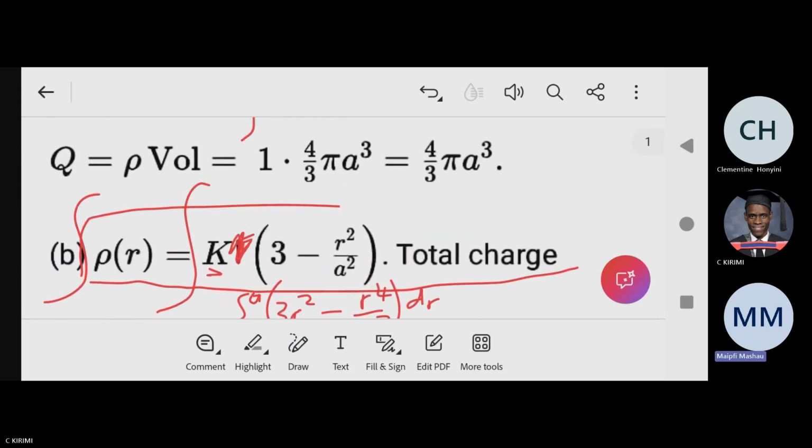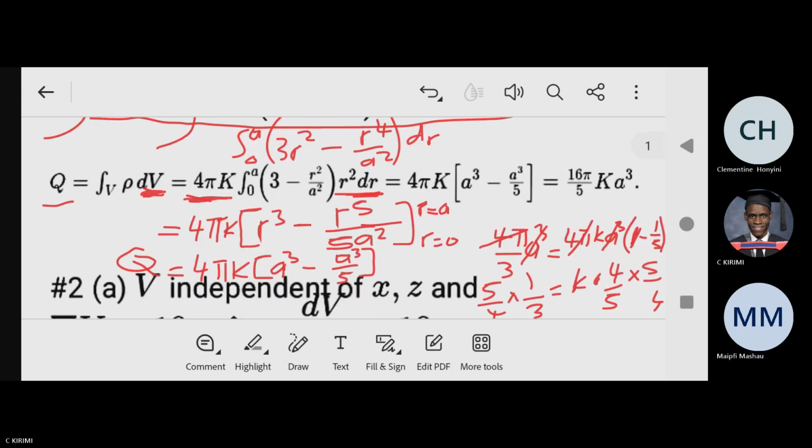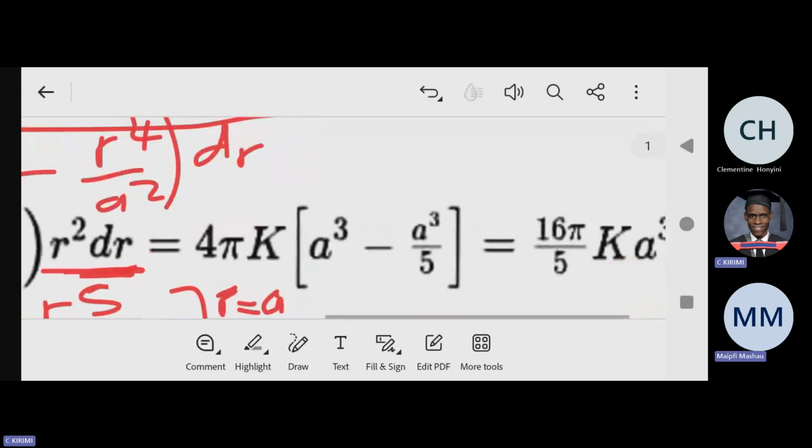No wonder it's 12 marks here. You have to simplify again. Once you get your answer, then you simplify. Any question? The reason they got 16 pi here is because of the inside.